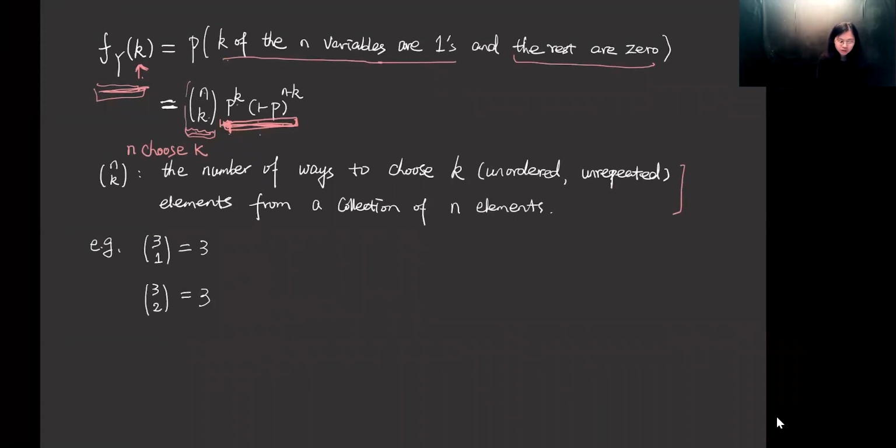It's important to know that this n choose k is the number of ways to choose k elements from a collection of n elements. These k elements are not ordered and not repeated.